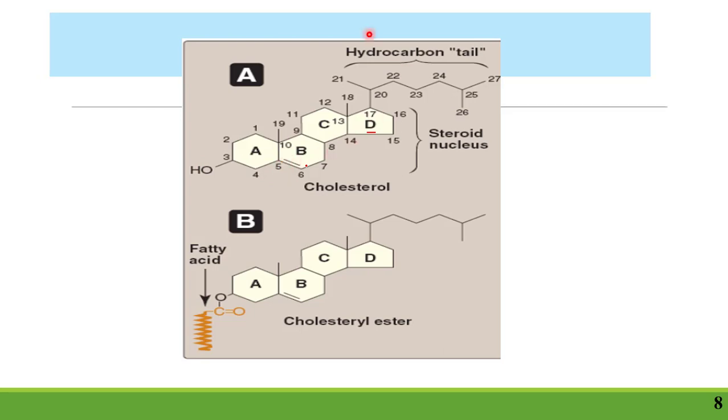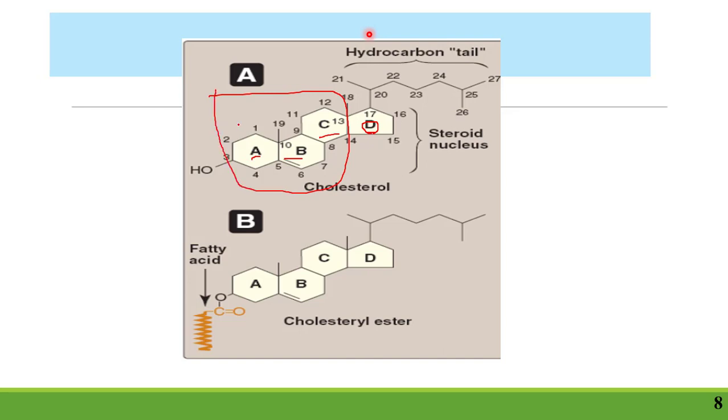It is a fused ring system made of three cyclohexane rings designated as A, B, and C, and a cyclopentane ring D. The six-membered rings are in phenanthrene arrangement.